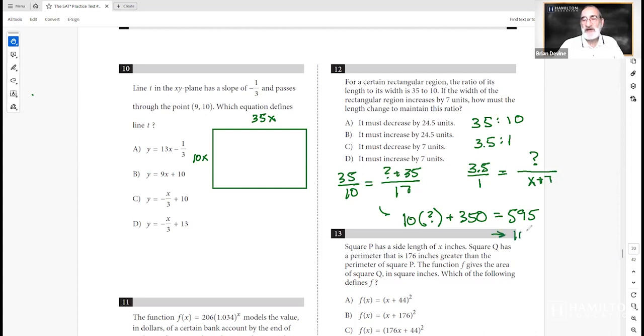I'm going to have 10 times my mystery number has to equal 245. So this mystery increase must be 24.5. So I've got to go up by 24.5, or it has to increase by 24.5. B is your best friend.